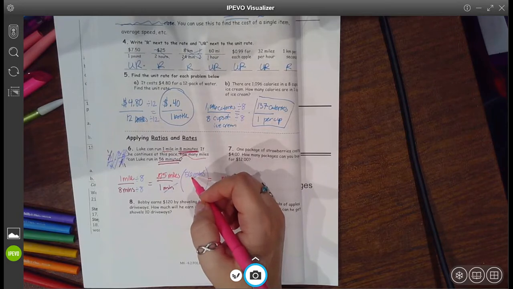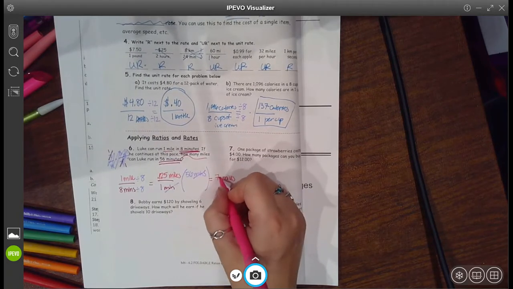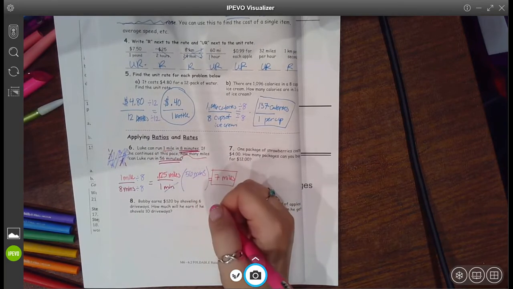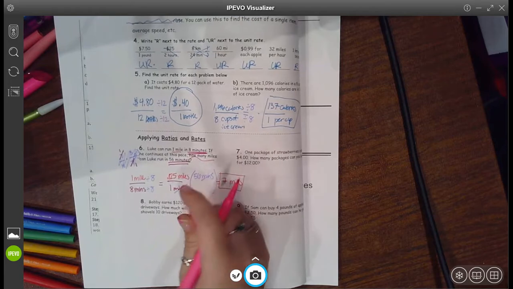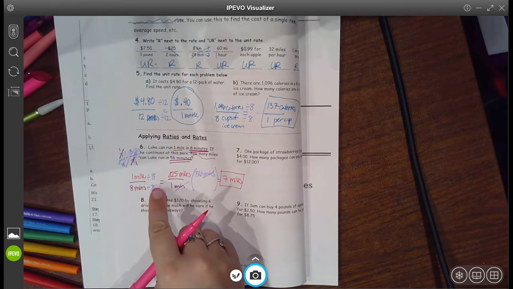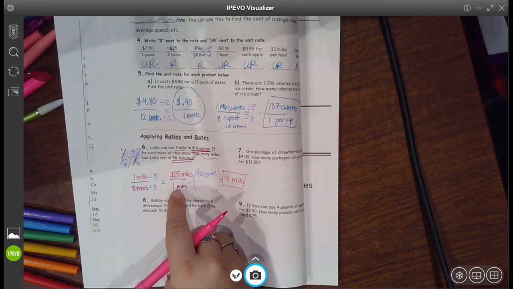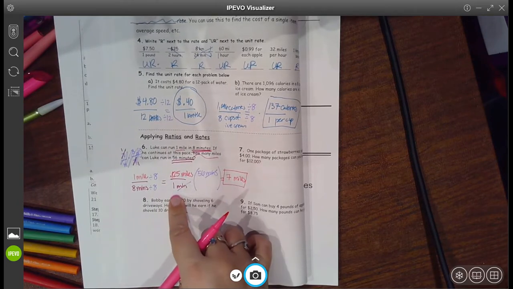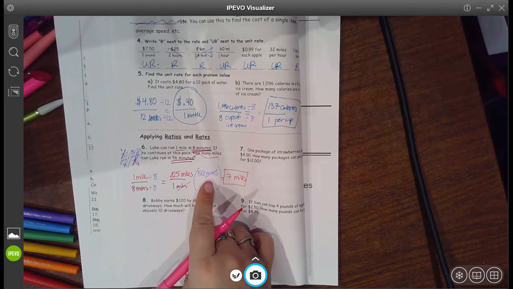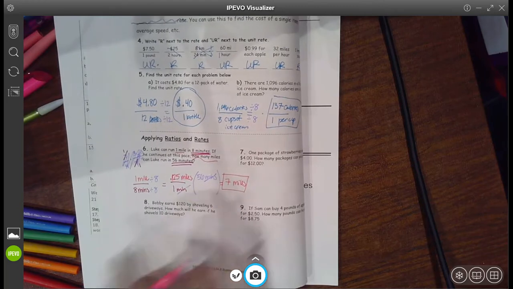Well, 0.125 times 56 is 7. So you can go 7 miles in 56 minutes. So again, first of all, I found my unit rate, how far you could go in 1 minute, because I wanted to know how far you could go in 1 minute. So then I could do that times 56, right? Because how far could you go in 56 minutes?